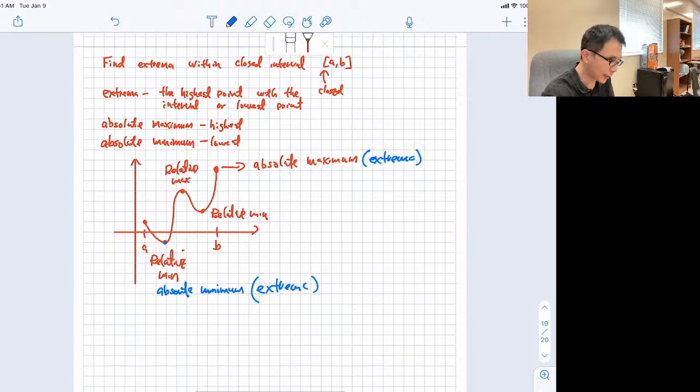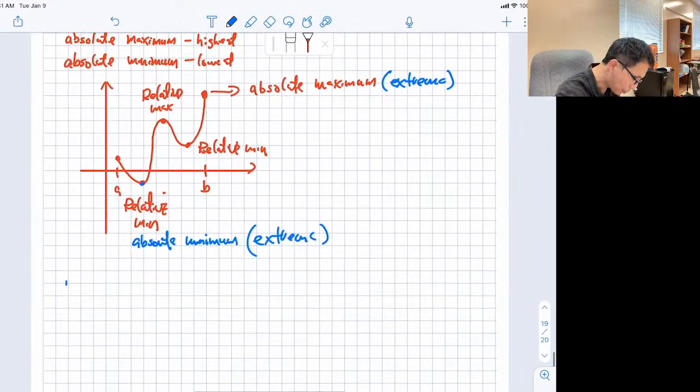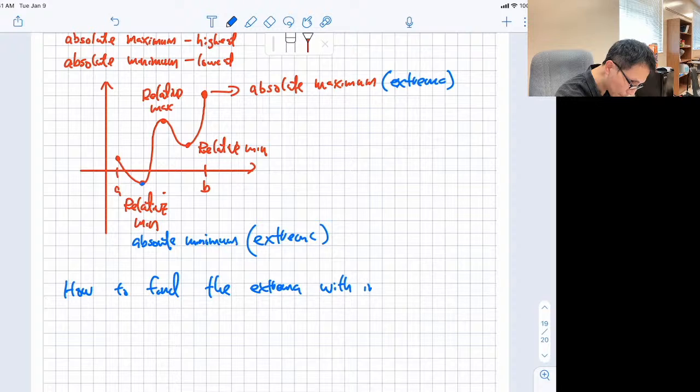With that being said, how do I find the extrema within the interval A and B?